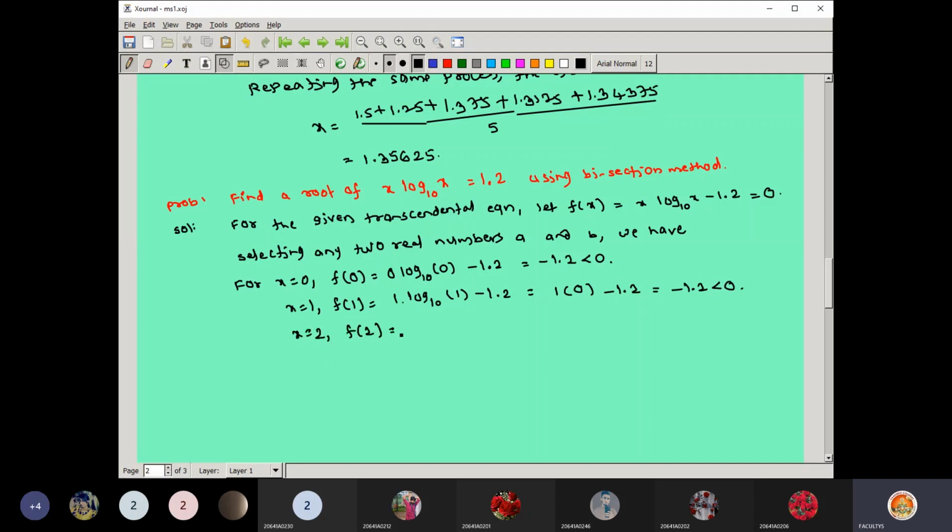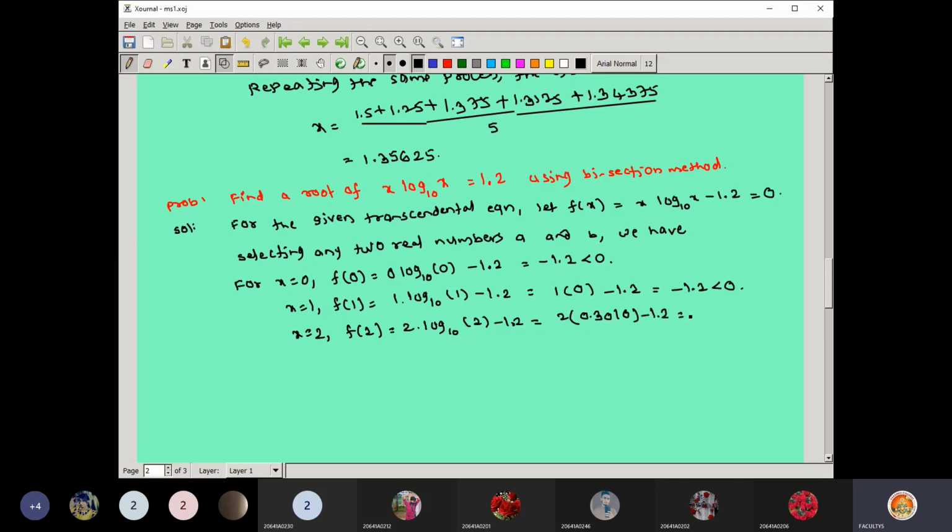That is nothing but f of 2 means 2 logarithm of 2 minus 1.2. So with your calculator 2 into, so log 2 value, just you press LOG button and 2. So answer is 0.3010. 0.3010 and minus 1.2.